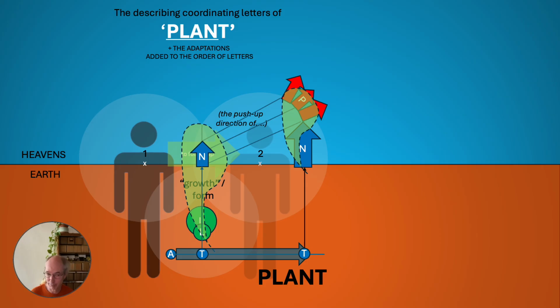I keep the spatial view, I keep the vertical pointing up, and I keep the foundations where that starts from. So I keep the vertical from my foundations, and again I move it up towards my starting point of focus. That starting point of focus is there in the letter P, and there my plant will grow to.